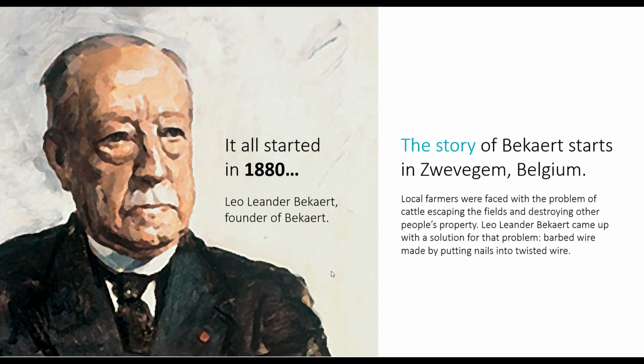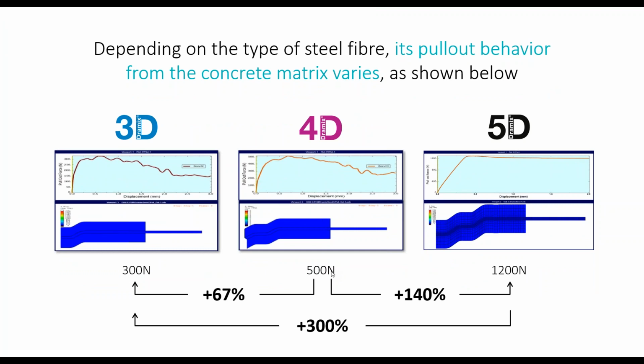Today, for our topics, we will talk about three different types of fibers produced by Bekaert. It's called the Dramix steel fiber. And today in our solution in SCIA Engineer version 18, you can use those three types of fibers in combination with a traditional reinforcement to reinforce your floor system.